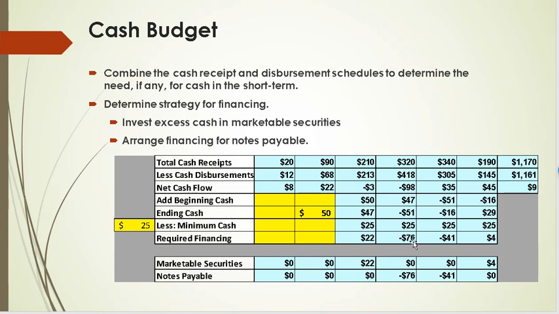If this number turns negative, it implies we need to get money for financing that month. In the second month, you'll notice we're $98 short. We started with $47, but that means we have negative $51 in ending cash. But our minimum cash, which we have set aside, was $25. So that means we actually need $76 from financing.